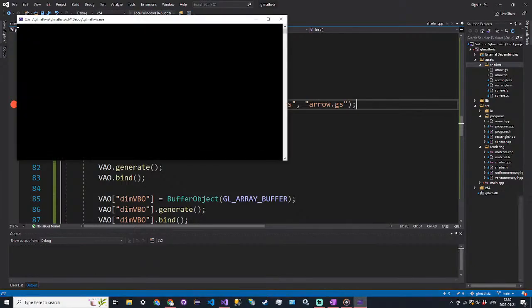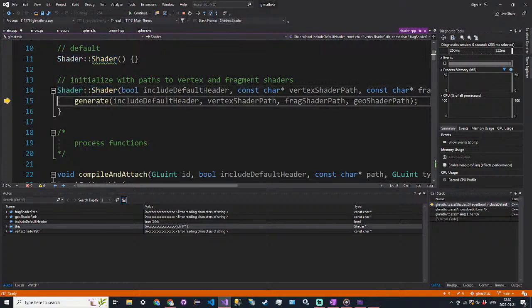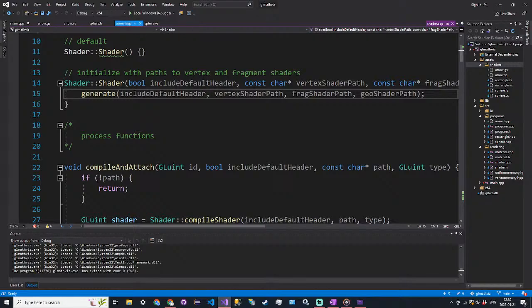Let's just see if it compiles everything properly. Arrow.vs, arrow.gs, sphere.fs. Okay. Let me try something here.